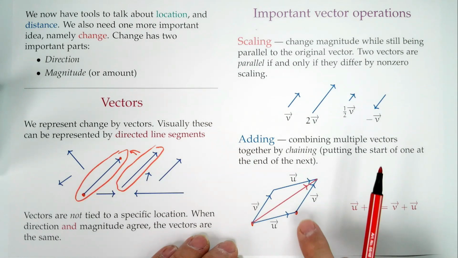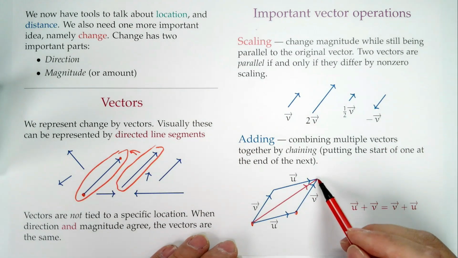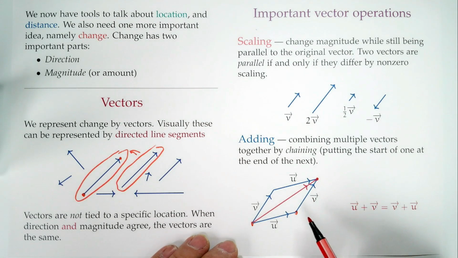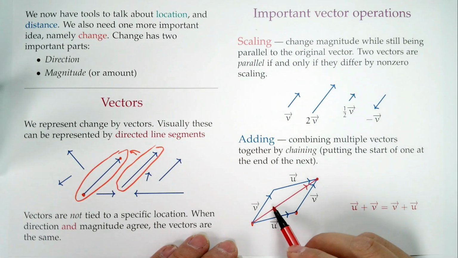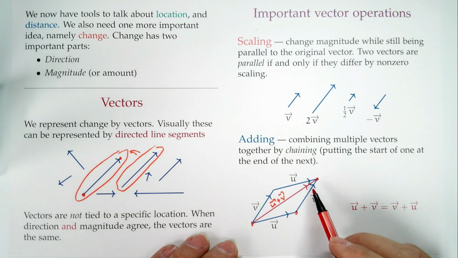Now, the end of u becomes the start of v. And run that change. If I do both the change in u and the change in v, I'll end up at this point there. So this vector down the middle is u plus v.